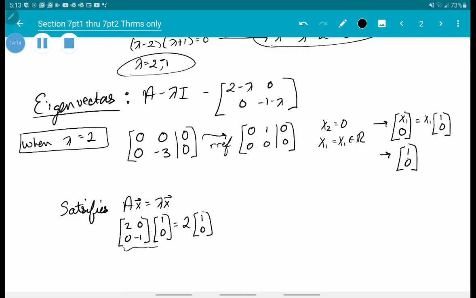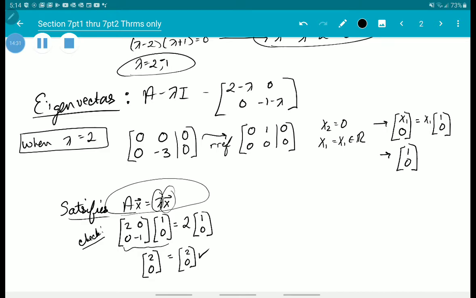So if we were to multiply this out, we're going to get 2, 0. And you can see how 2, 0 is definitely equal to 2, 0. So this is kind of like a check, if you wanted to check. It's the vector and the value that corresponds to not solving, but satisfying this particular equation.